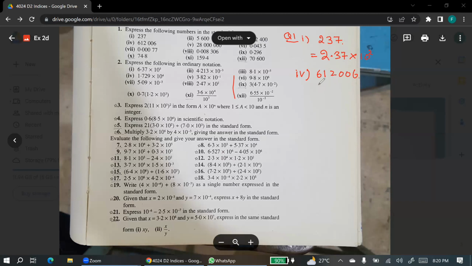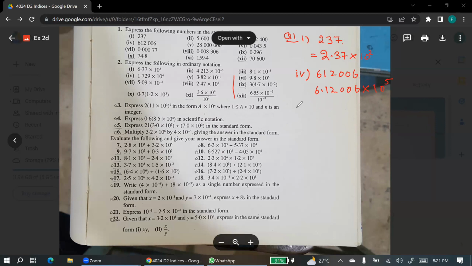We will shift this decimal point after the first digit, that is 6.1206 into 10 power. Now the new number is smaller or greater? Smaller. Yes. So we will have to put a positive power or a negative power of 10? Positive. Yes. We have moved the decimal point 1, 2, 3, 4, 5 digits. So 10 power 5.